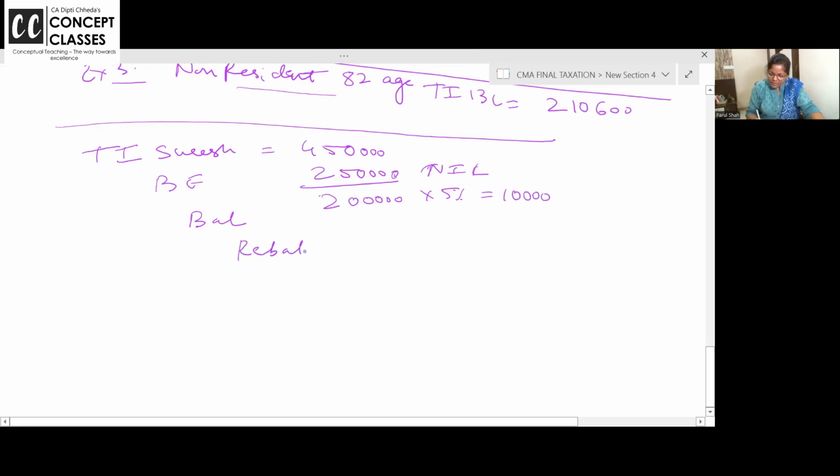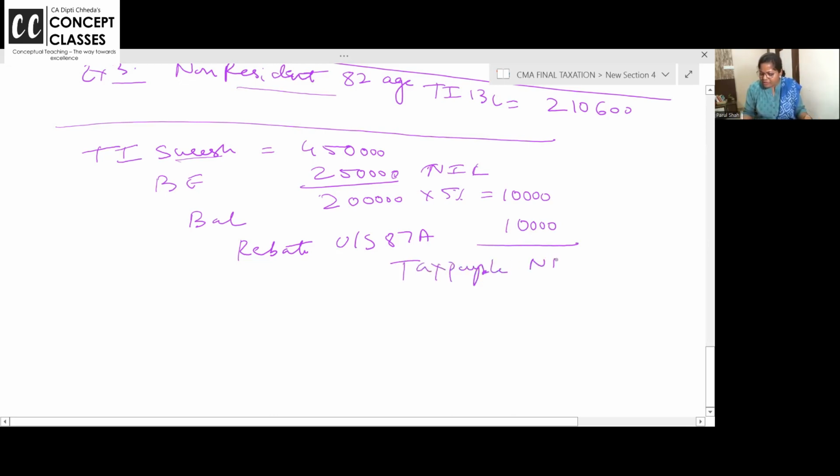And now from this tax, rebate under section 87A. First eligibility, is Suresh an individual? Yes. Is he a resident? Yes. Is the total income less than 5 lakh? Yes. He will get a rebate or a deduction up to 12,500. It's not flat. So your tax is 10,000. Take 10,000 deduction. What is the tax payable now?